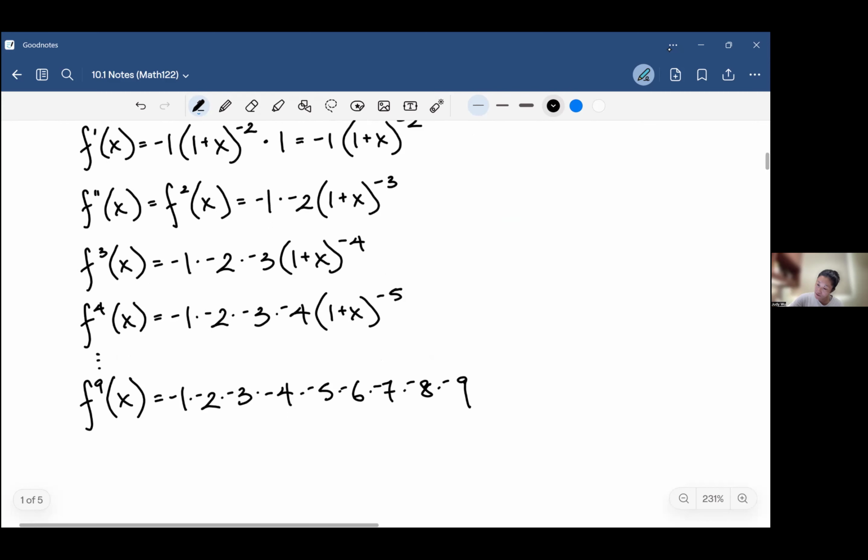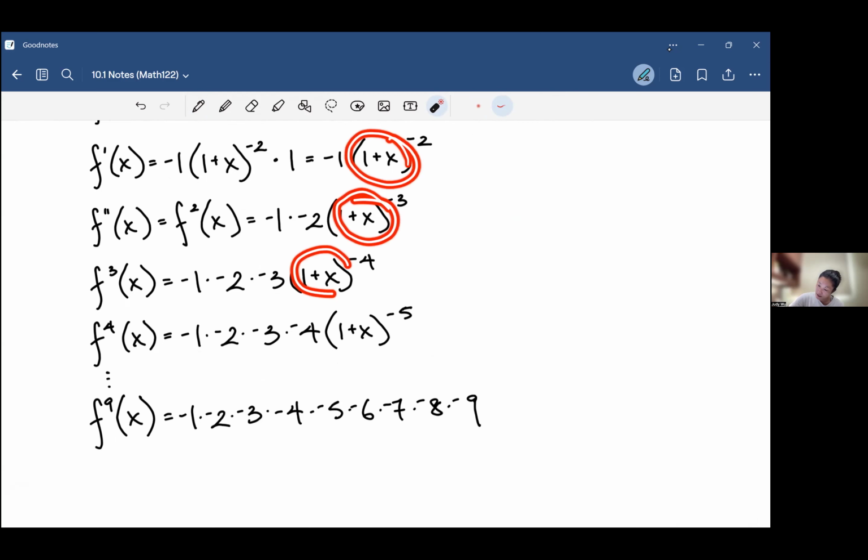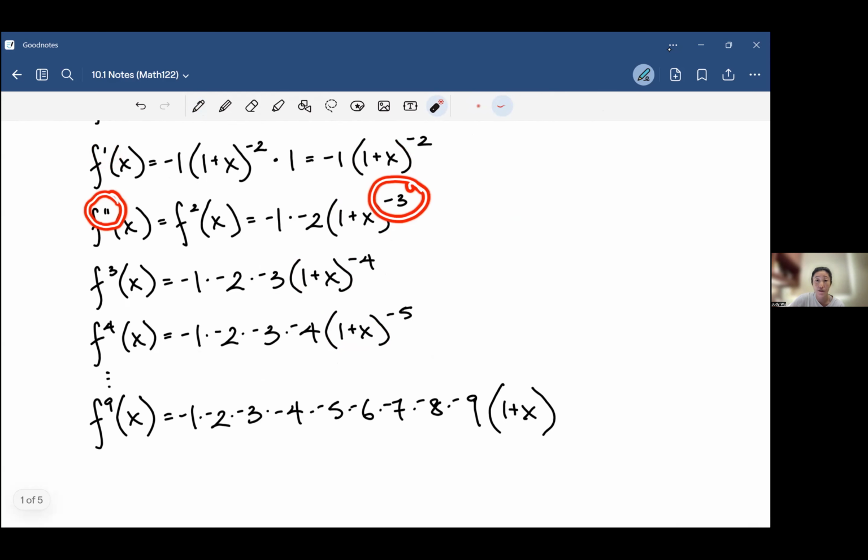And then all of them have a 1 plus x to some power. Okay, 1 plus x. Now let's think about what that power is going to be. So for the first derivative, it was to the -2 power. For the second derivative, it was to the -3 power. For the third derivative, it was to the -4 power.